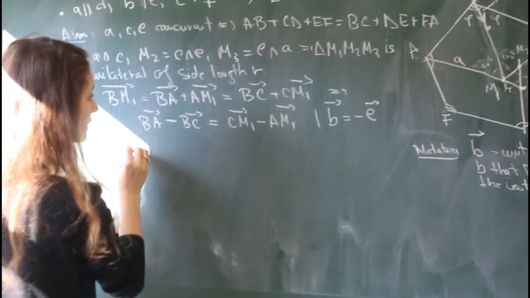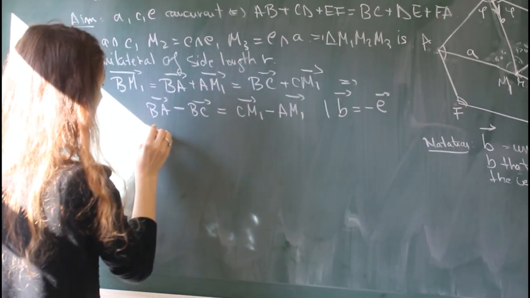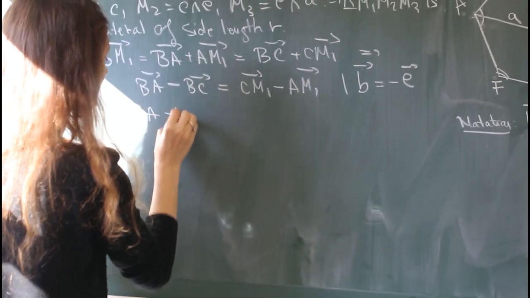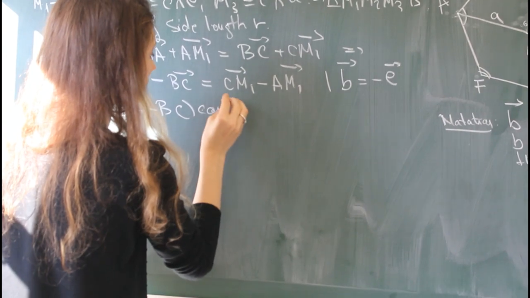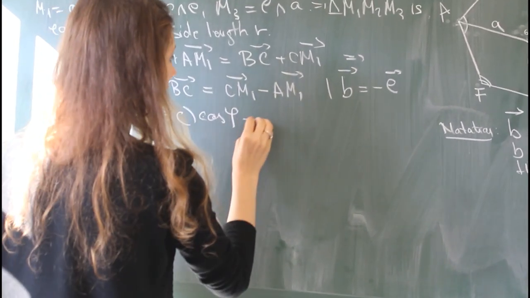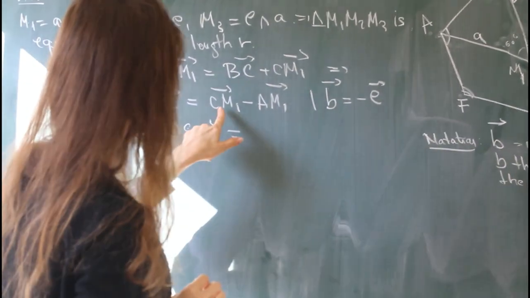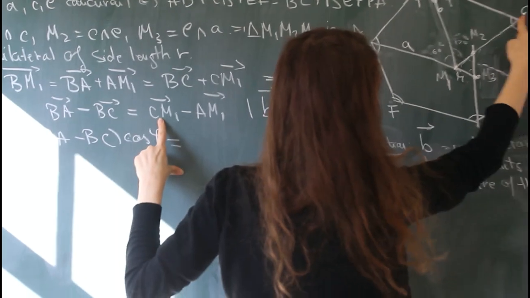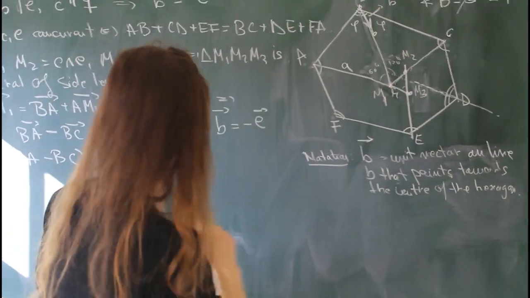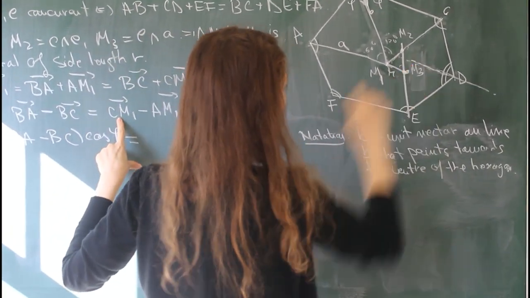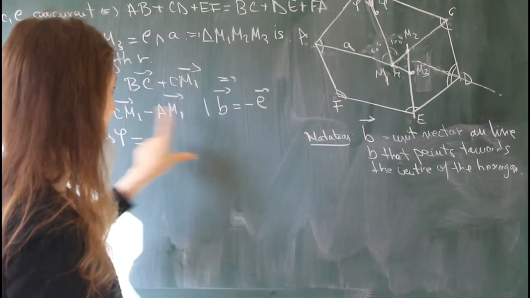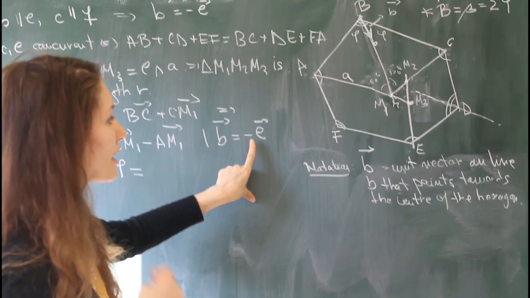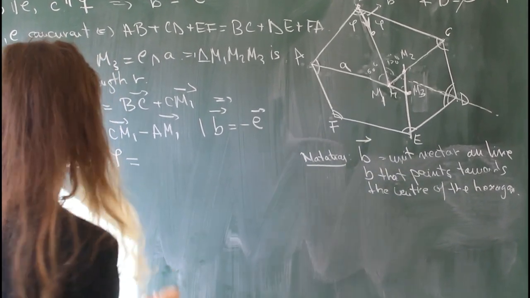So we get that BA minus BC times cos phi is equal to, now let's look at CM1 vector and E. Well, the angle between them is 120, therefore it gives minus 1/2, and with the sign it cancels.